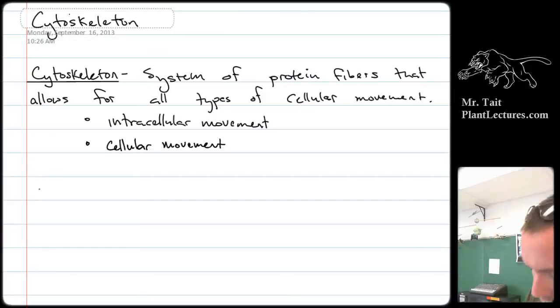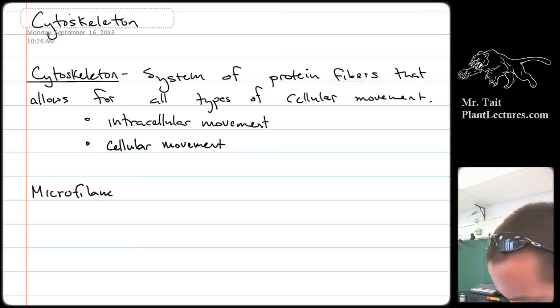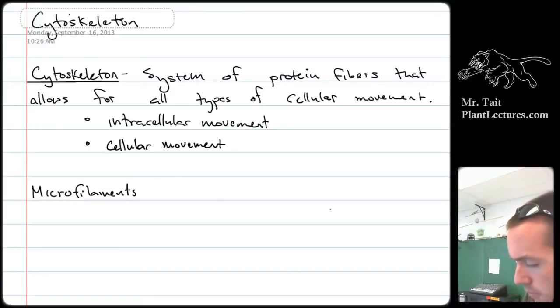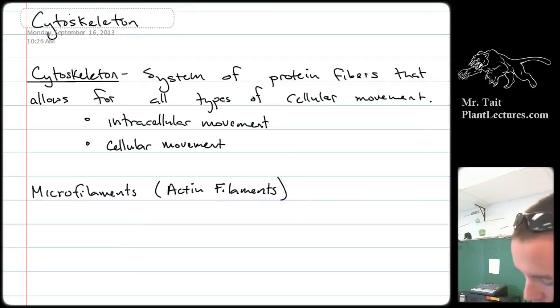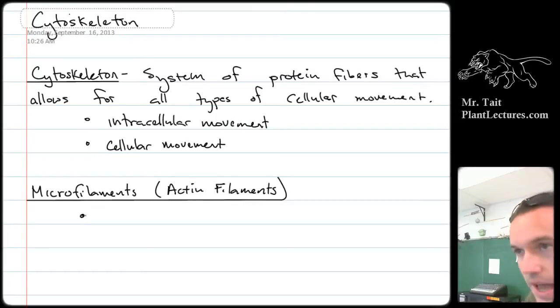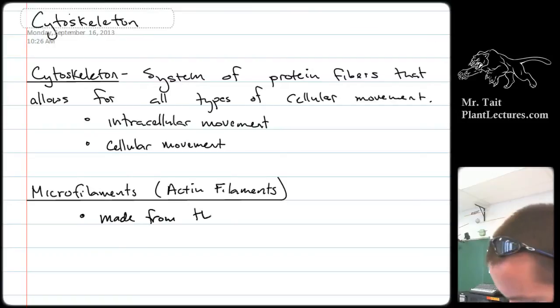So, let's talk about the different types of cytoskeleton. The smallest type, we'll go there first, microfilaments. Okay, and you will hear microfilaments referred to interchangeably as actin filaments, because they are made from the protein actin.